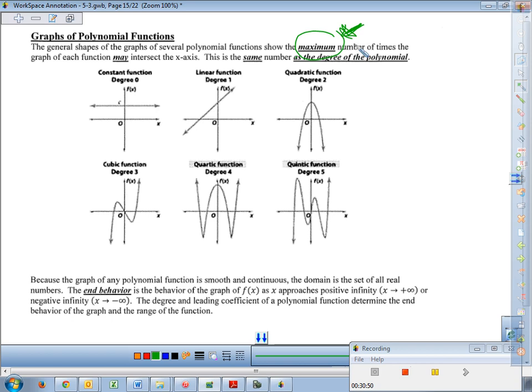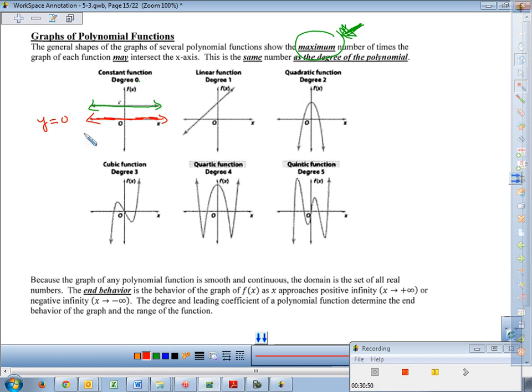A degree 0 is a constant function. It's a horizontal line. Now, the dumb thing about it is this crosses the x-axis no times. What's its degree? 0. The dumb thing is this is an exception. If you had the line y equals 0, doesn't that cross the x-axis every time, right?